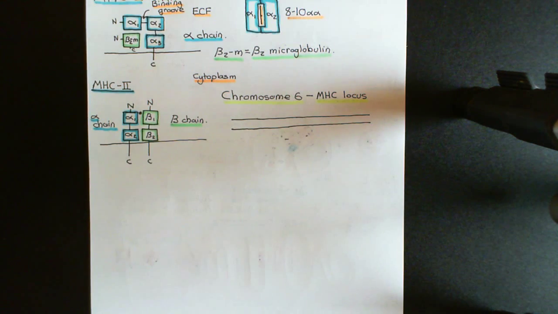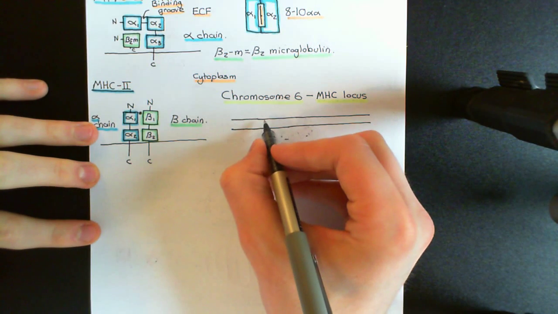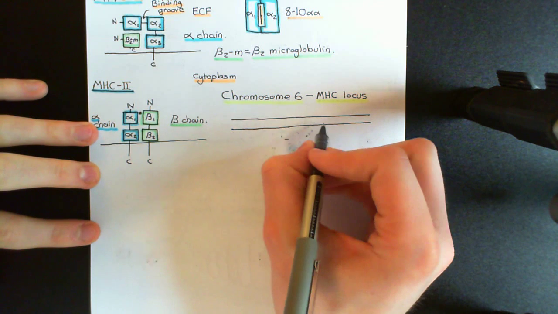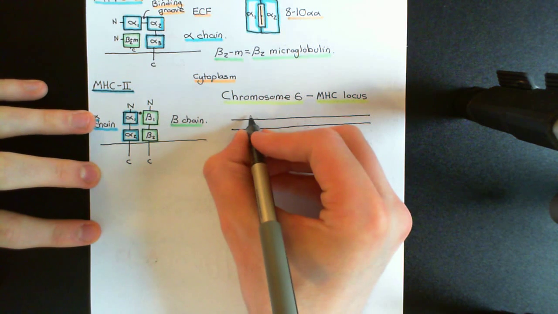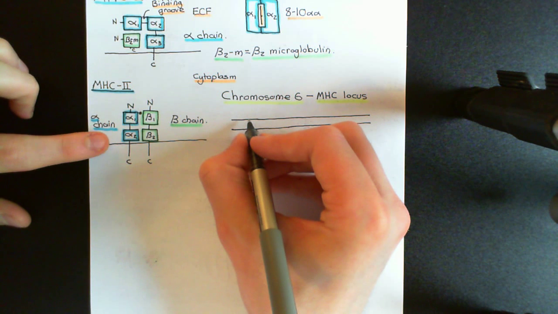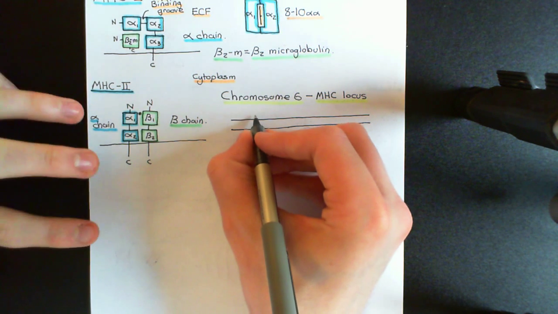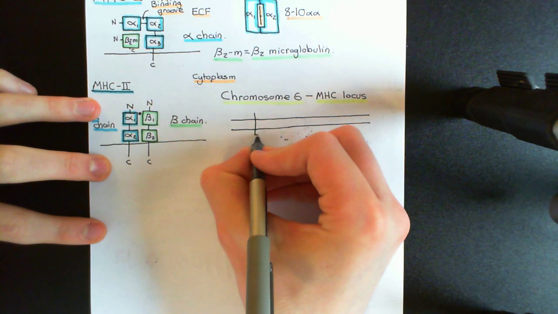I'm now going to this specific region of chromosome 6 where the MHC locus is present. In the MHC locus I'm going to have 6 important regions that I'm going to put on here. 3 of them are going to be important in making MHC class 2 protein complexes, and 3 of them are going to be important in making MHC class 1 protein complexes. So let me now put these in.